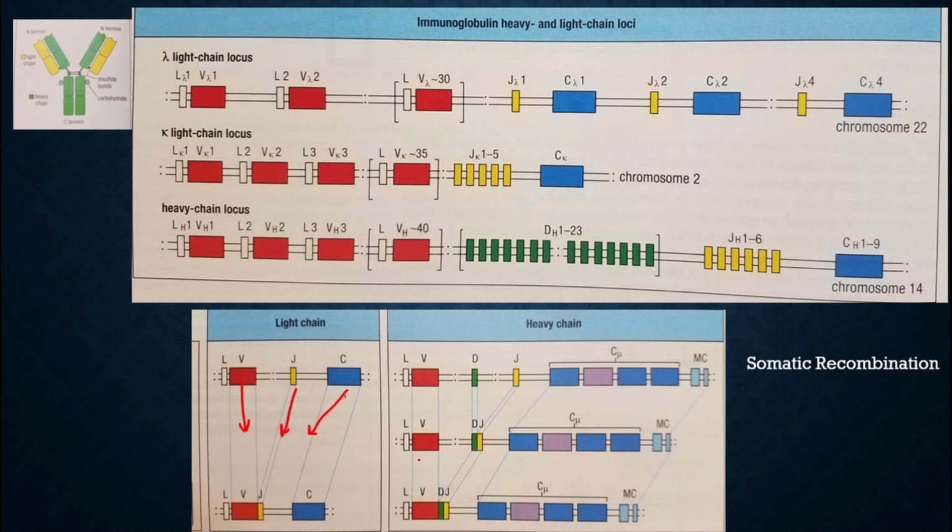And it'll pick one of the V regions, one of the D regions, and one of the J regions with an assortment of the constant regions for our heavy chain. And again, the reason we have so many more of the constant regions is because in the heavy chain you have 1, 2, 3, and 4 regions that are being made. It's a larger molecule, whereas the light chain only has the single region here that's being made.